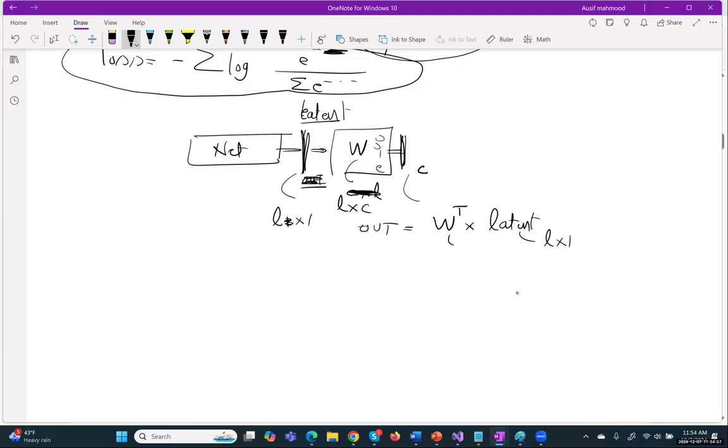This is C by L. So then you can see the output will be C by 1.